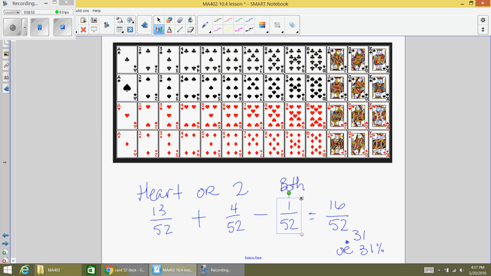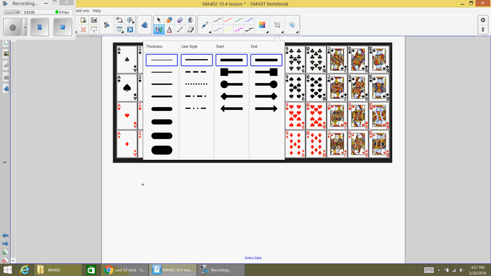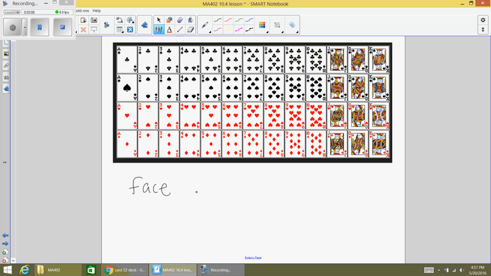Now, what if I said something like, I want the probability of getting a face card or 5. Well, the probability of getting a face card, count how many face cards you have here. It's 12 out of 52. And the probability of getting a 5 is 4 out of 52. Is there a face card that's a 5?